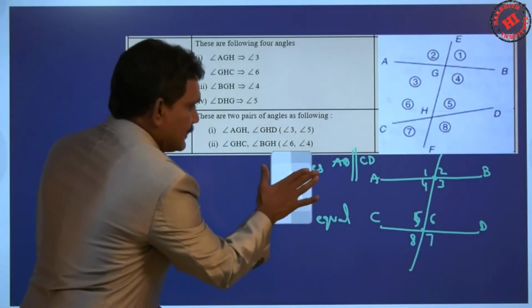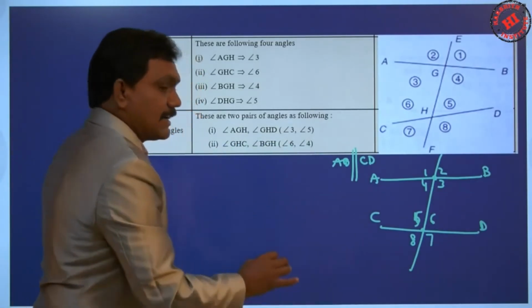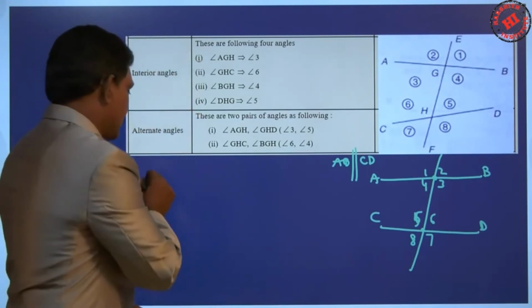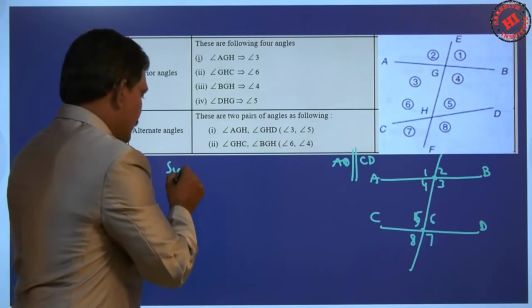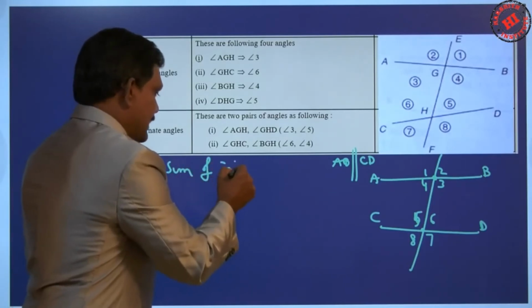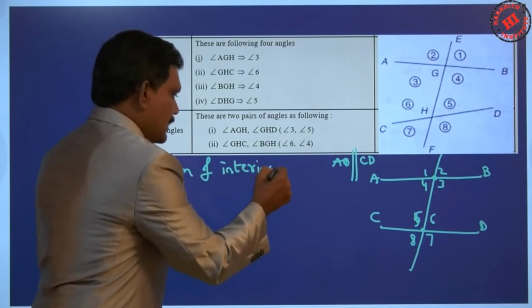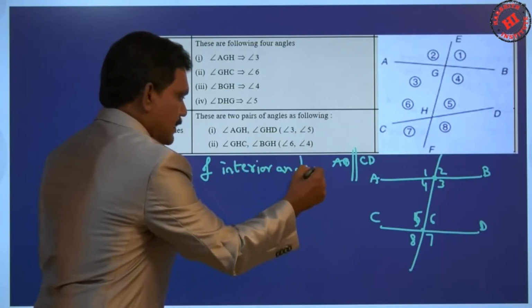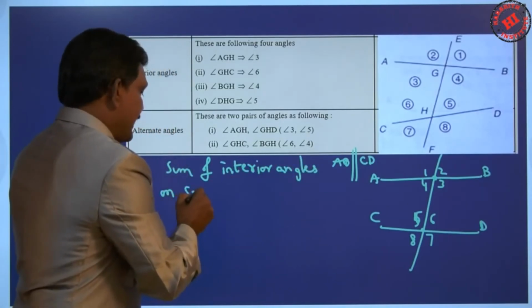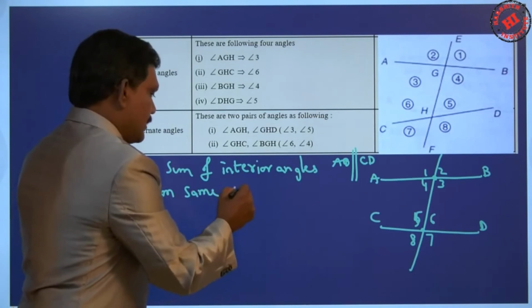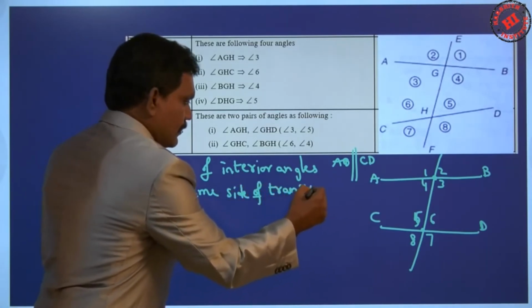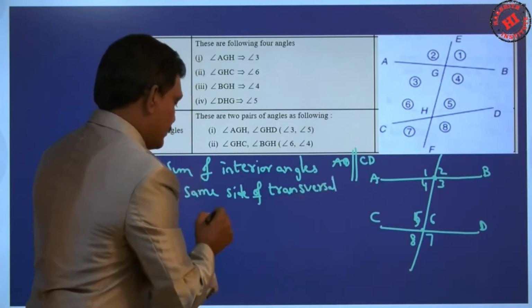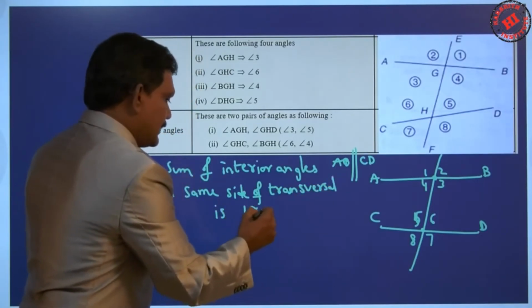The sum of internal angles on the same side of transversal is 180 degrees. Students, once again, this is about sum. Sum of interior angles on same side of transversal is 180 degrees.